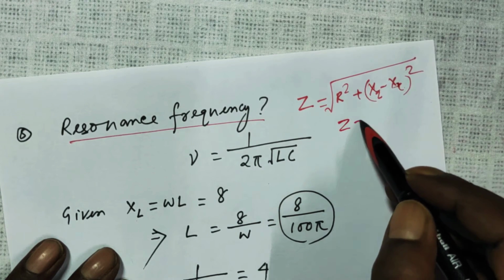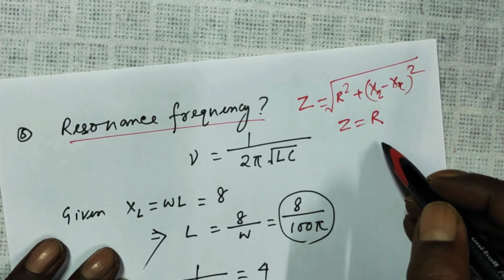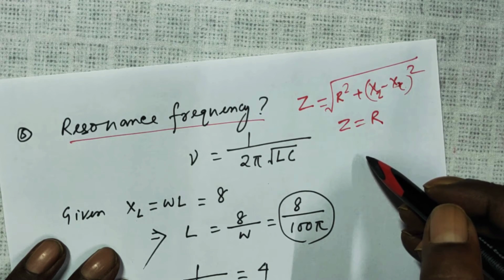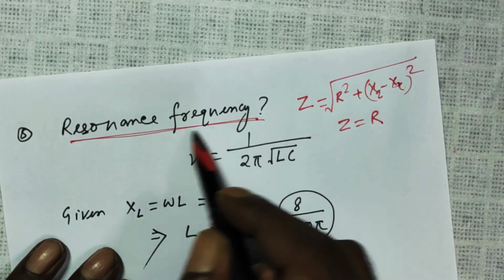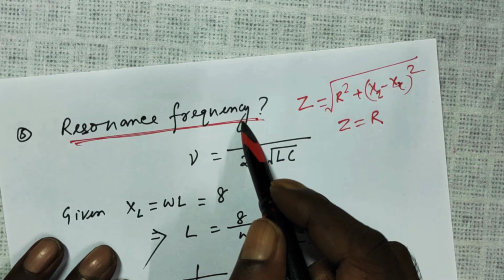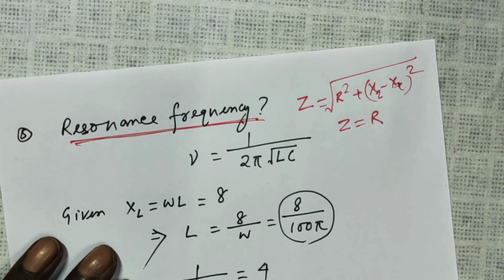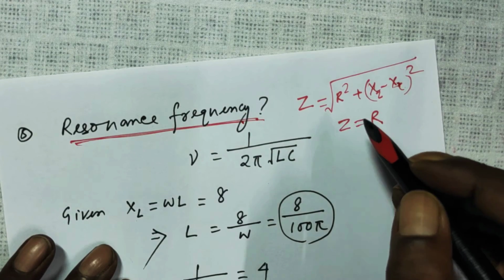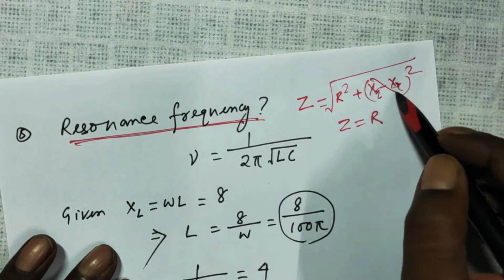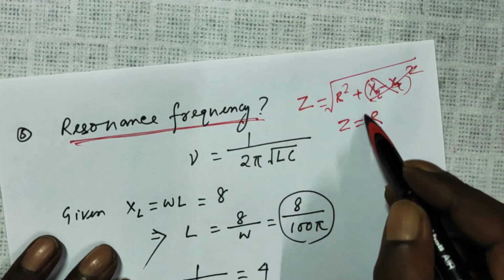So your Z becomes minimum, so it draws maximum current. Resonance frequency is the frequency at which the circuit draws maximum current. If it has to draw maximum current, then its resistance should be least, that is minimum. When this is equal to this, then this part will go. We will be left with R only.